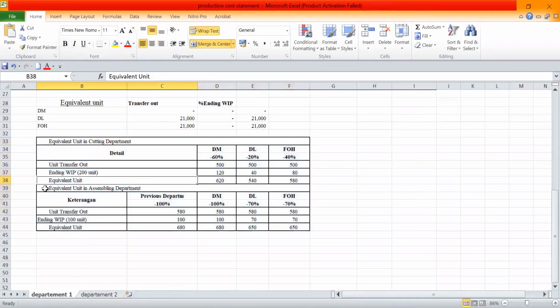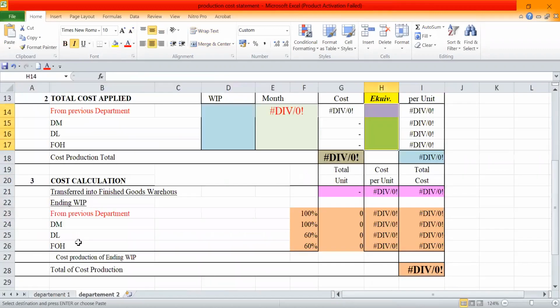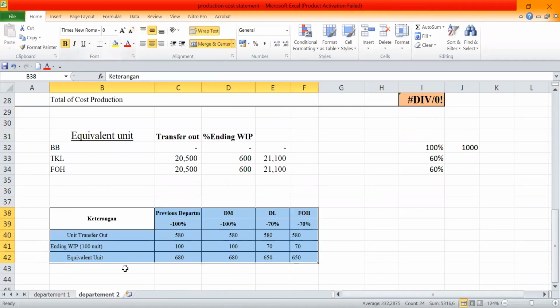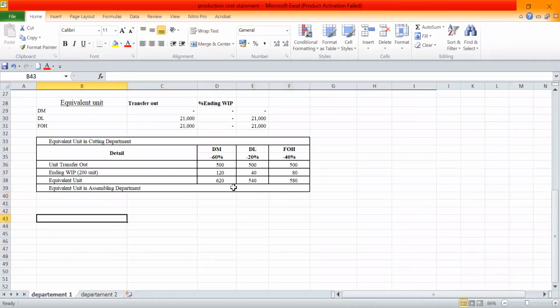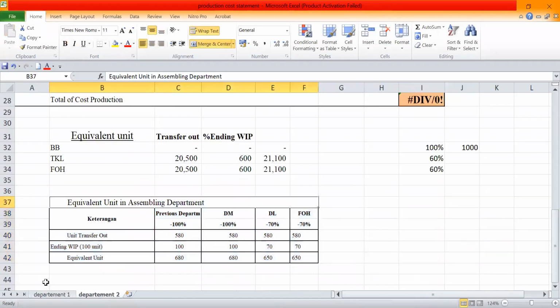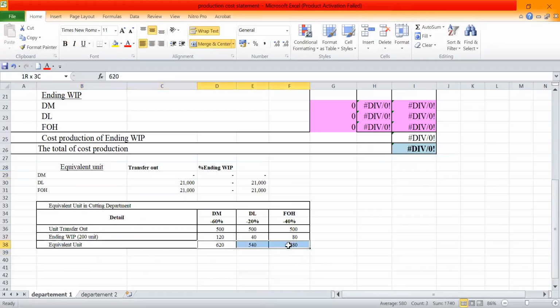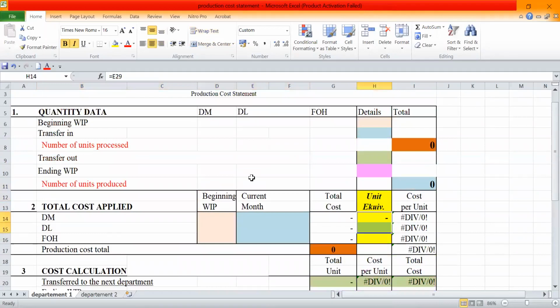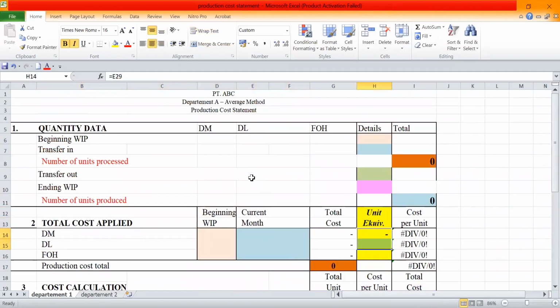This is for the first department, and this is for the second department. Okay, so this is the final number. I'm sorry, this is the final number that will be input in this part. So it is time for me to explain in detail how to make the production cost statement.